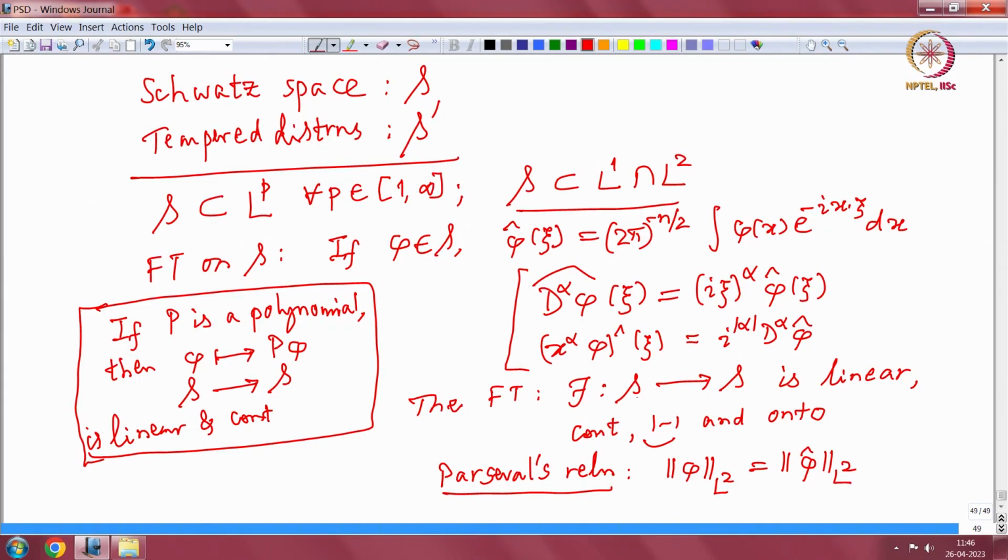Though this is not a normed linear space, we still have this one-one and onto property. This is very easy to verify. And now using this property of the Fourier transform on S, we can just lift it to S prime.